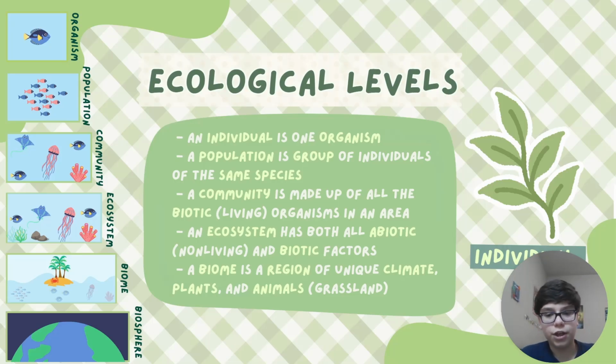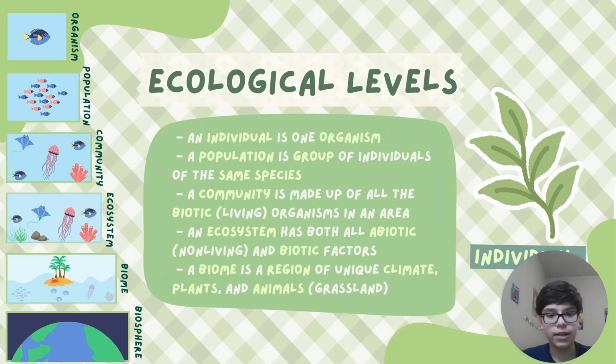So a biome is a region of unique climate, plants, and animals. All of these that we had before were based on abiotic and biotic factors. But a biome is our first kind of area where instead of being based on what's part of it, it's based on what makes it.